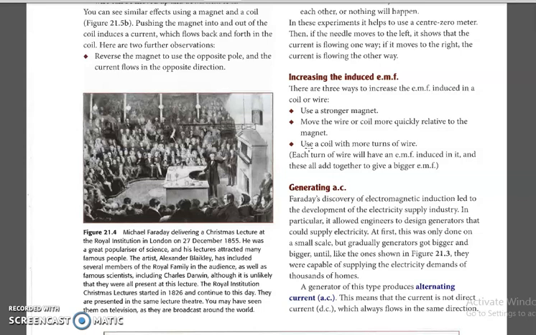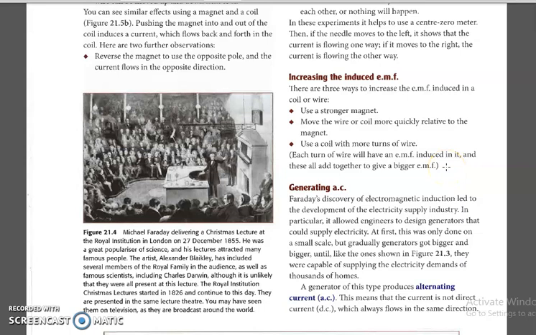Here also, as we increase the number of turns, there will be more magnetic field lines linked with the coil, and thus when we move the coil or the magnet, the more magnetic flux lines linked with the coil will be cut, and thus it will be generating electricity.